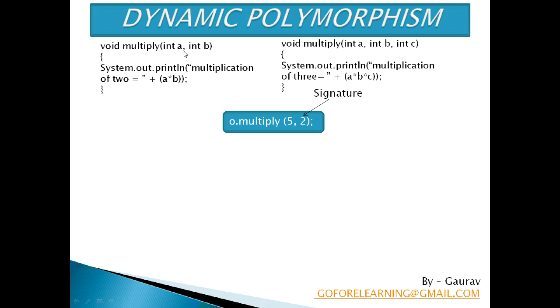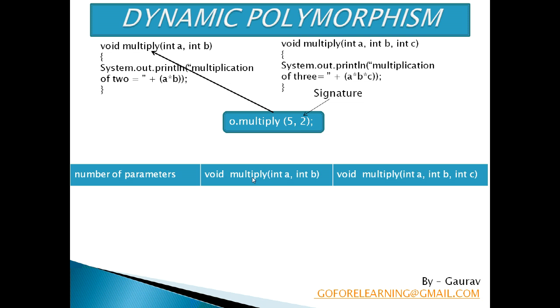In this case, the method having two parameters matches the calling method signature. The JVM matches the values passed to the method at the time of the method call with the method signature and picks up the appropriate method.